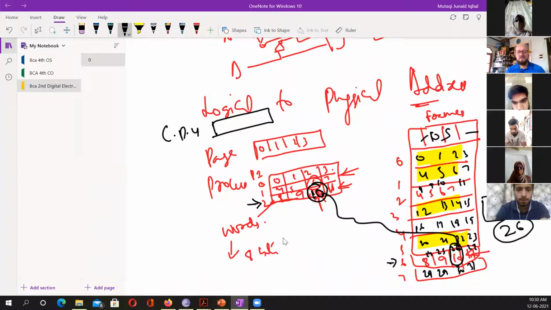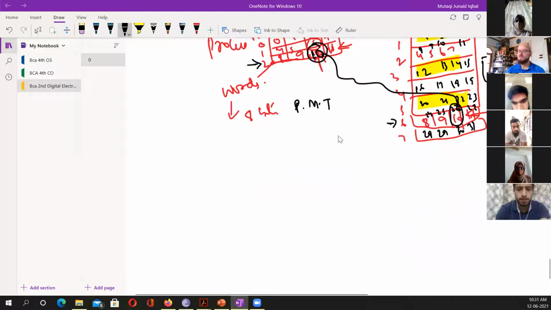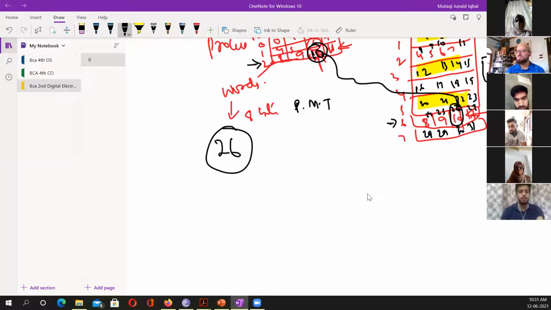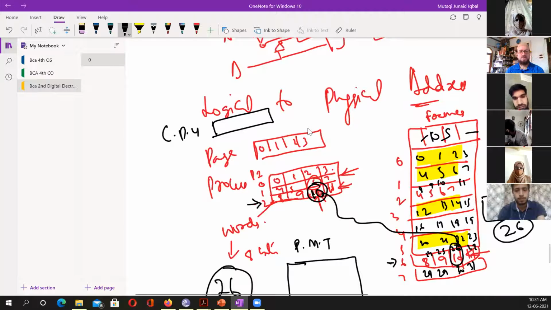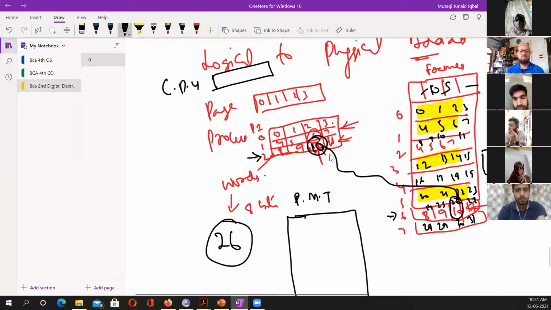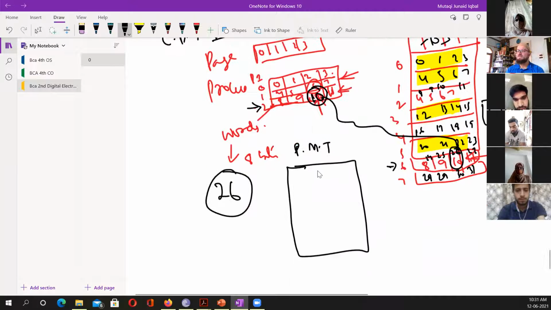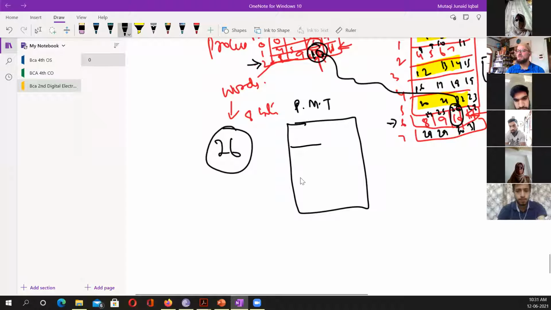So that means I need a page map table which will record this thing. So I want that it has to be in 26. So page map table firstly, every process will have its own page map table. So if this process is having 3 pages, for these 3 pages, I will have 3 PMT entries. 1, 2, 3.